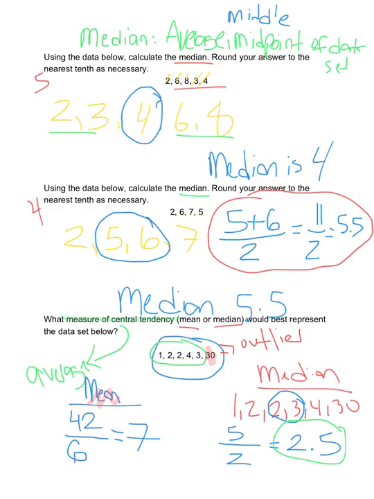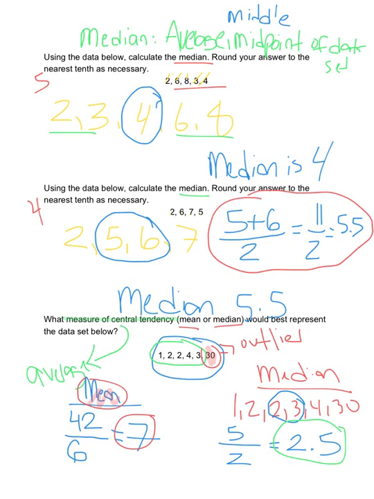Now, because the 30 is large, once again, it's throwing off our mean. It's making this number much higher than it probably should be. We're assuming that most numbers would be between maybe 1, 2, 4, and 3. Those are the numbers we'd be expecting because those are the numbers that are most represented in this data set.